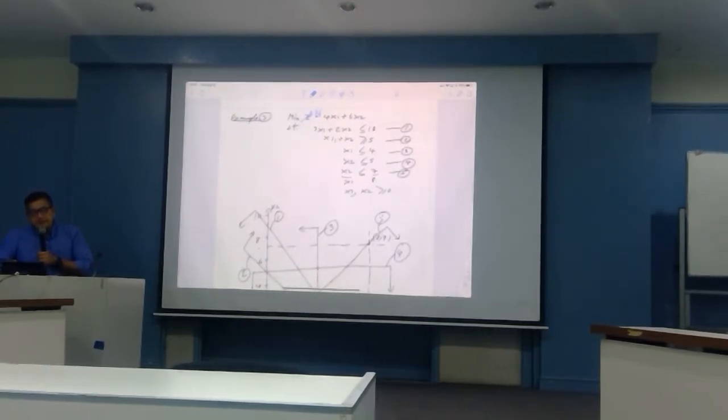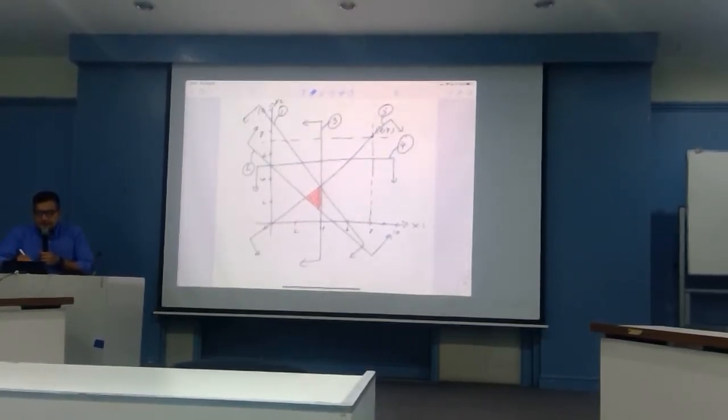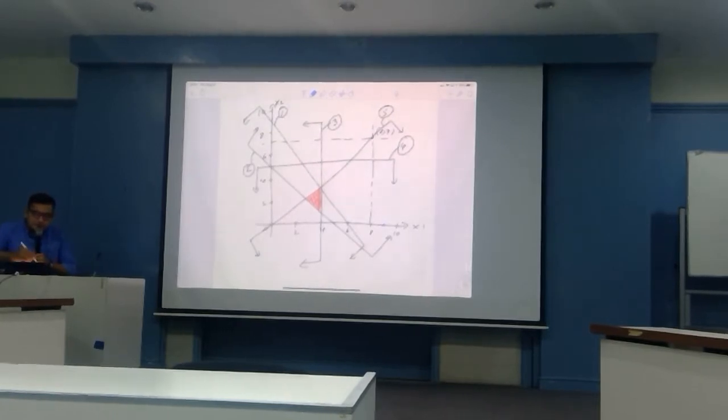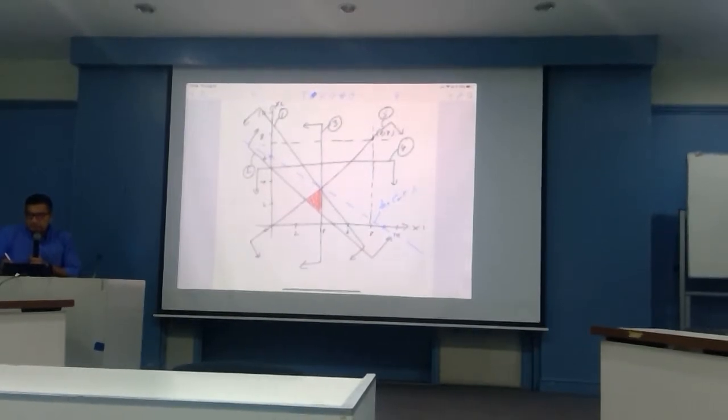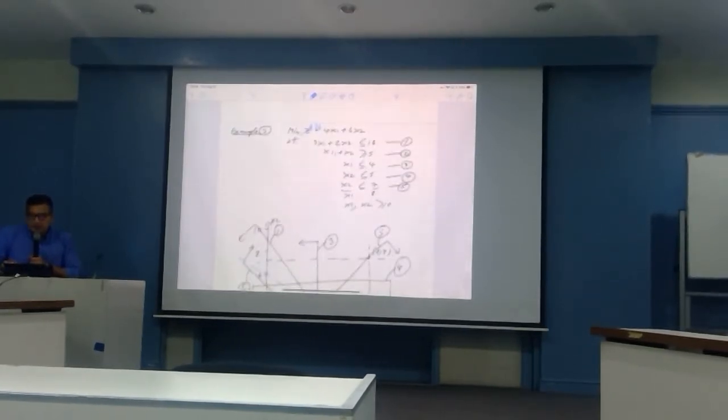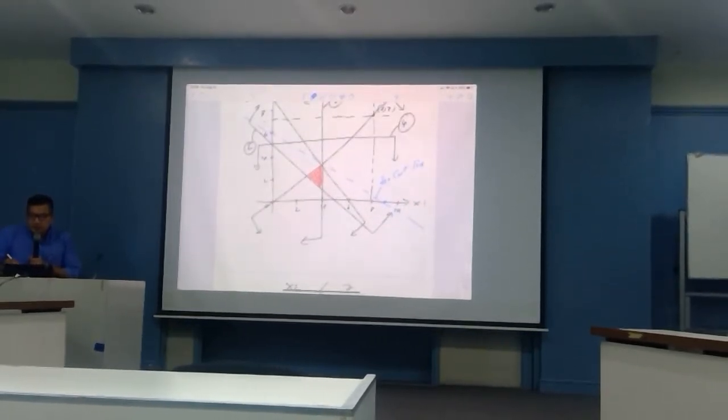I have 6x2 equal to 36, so x2 cuts at 6. So this is the graph of my iso cost line, with the equation 4x1 plus 6x2 equal to 36.